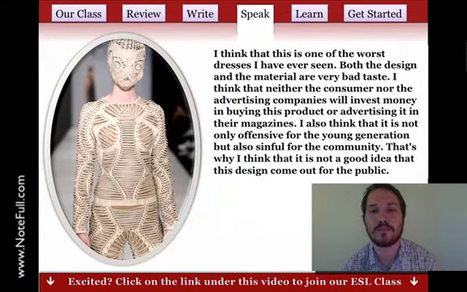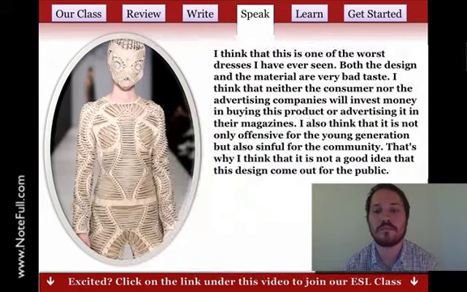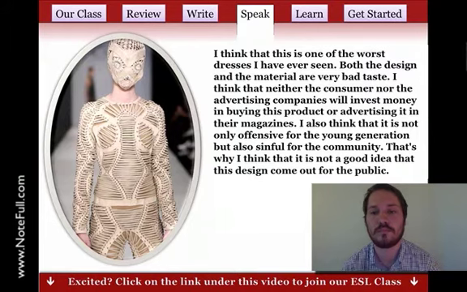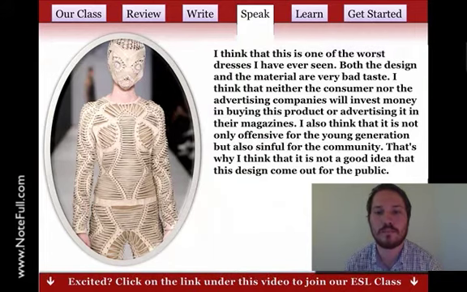I also think that it's not only offensive for the young generation, but also sinful for the community. That's why I think that it is not a good idea that this design come out for the public.